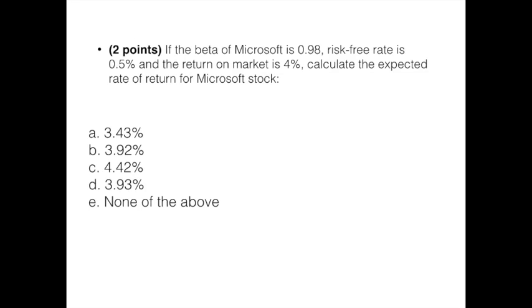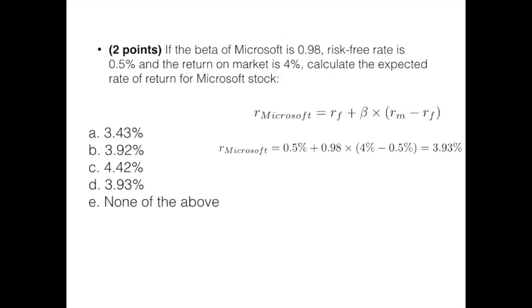And again, application of the capital asset pricing model. If the beta of Microsoft is 0.98, the risk-free rate is 0.5%, and the return on market is 4%, calculate expected rate of return on Microsoft stock. Expected rate of return on Microsoft stock, according to the capital asset pricing model, will be equal to the risk-free rate plus beta times market risk premium.